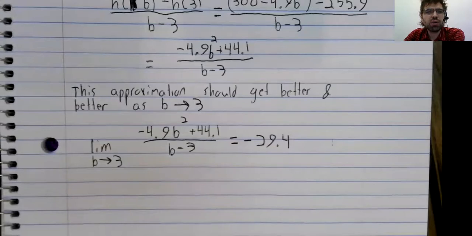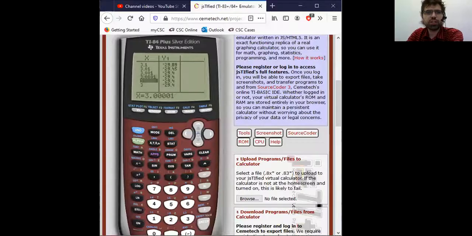I made the observation that it shouldn't matter which direction we approach 3. What if we approach 3 from the negative direction? Well, same thing. Our outputs get closer and closer to negative 29.4.